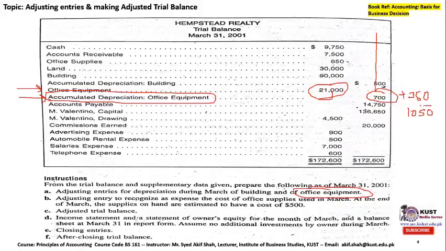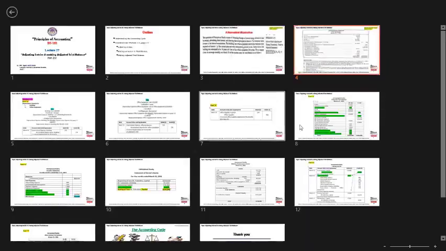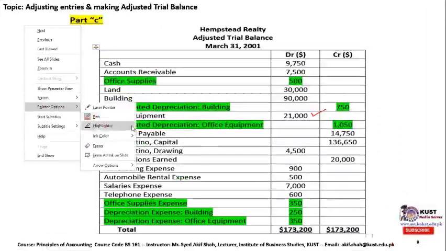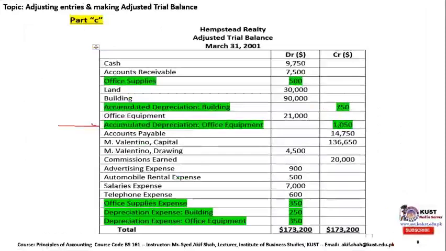So in our adjusted trial balance, the balance against the accumulated depreciation office equipment will now be not 700, rather $1,050. So let's see if we have correctly incorporated this transaction in our adjusted trial balance. You can see that in our accumulated depreciation office equipment, the balance is now $1,050, which I have already explained, how we incorporated this entry.